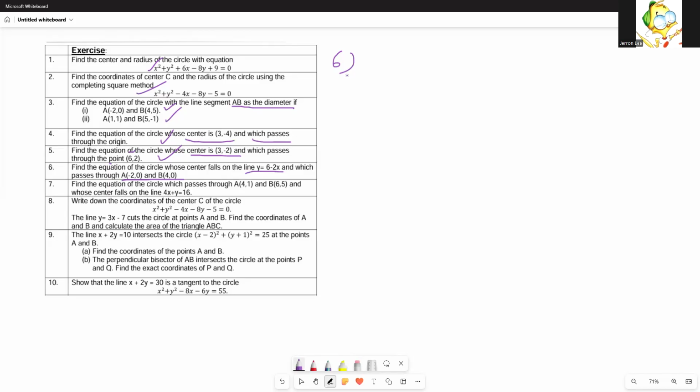You can check with them, but they might not be doing this as what I'm going to do right now. I think what we're going to do is not that difficult. It's pretty simple. You see that it passes through the 2 points already, so I can let the center be (h, k). I'm going to let the center be (h, k).